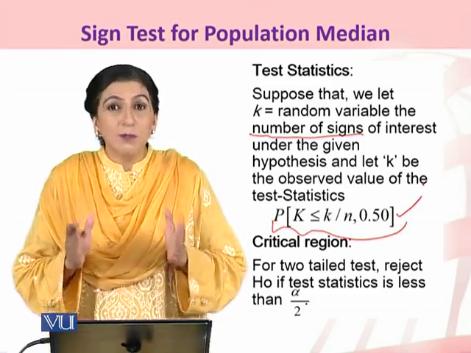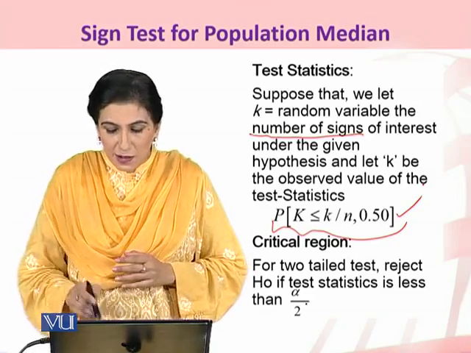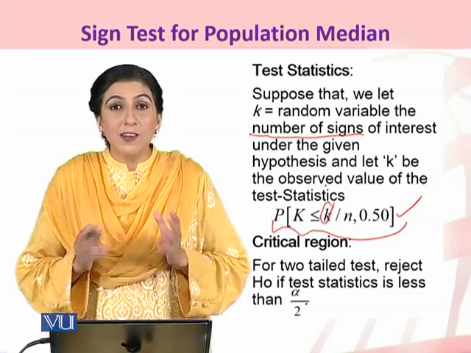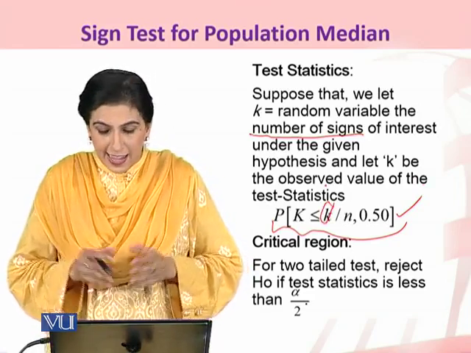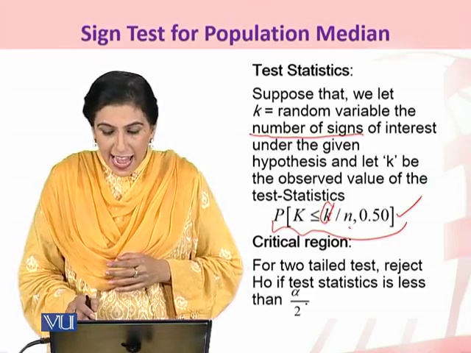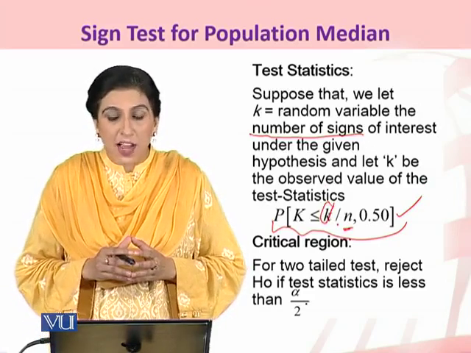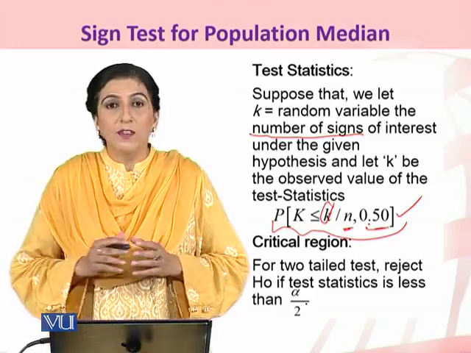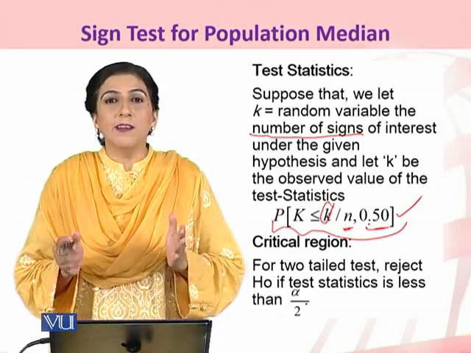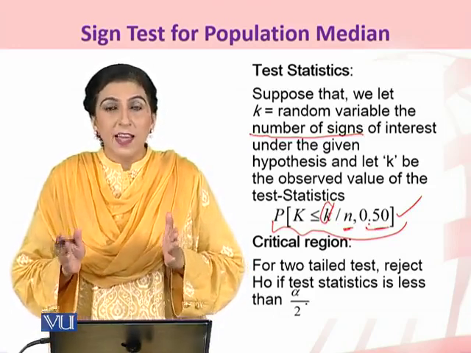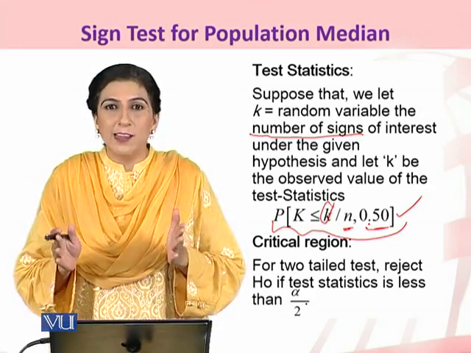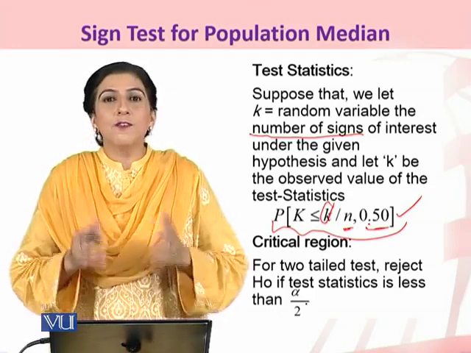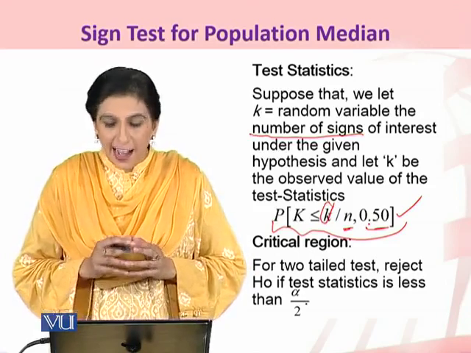Probability of capital K, which is your random variable, small k are the values assigned to that capital K, given that n sample size आपको चाहिए और 0.5. 0.5 आपका क्या है? That is the proportion of the median, because median by definition is a value below and above which 50% of the data lies.